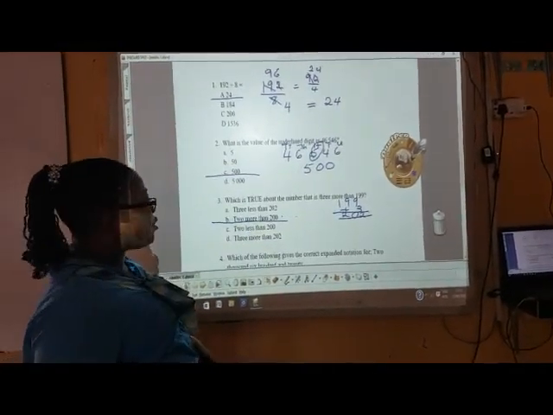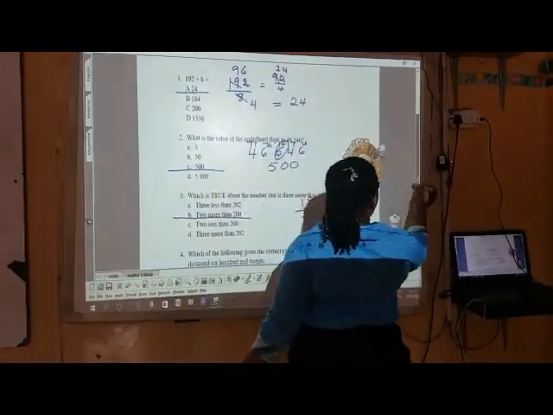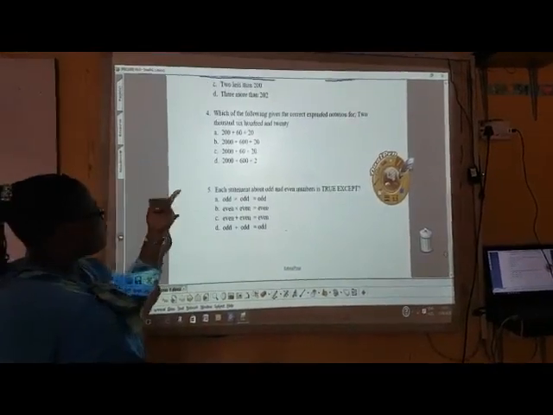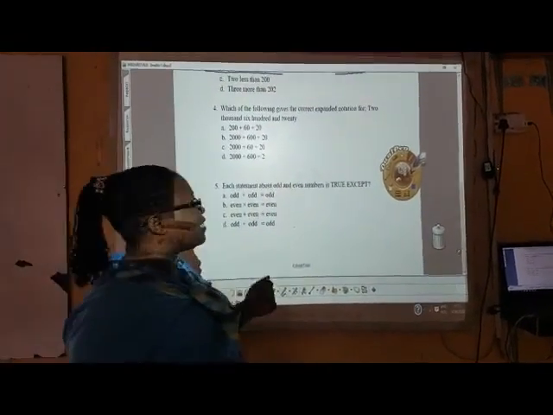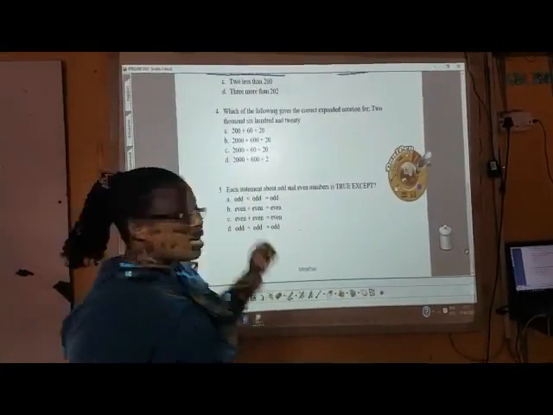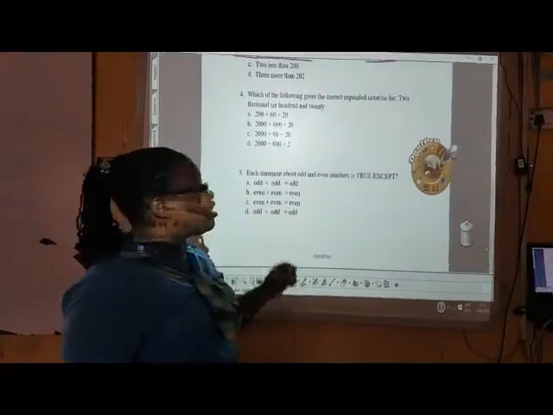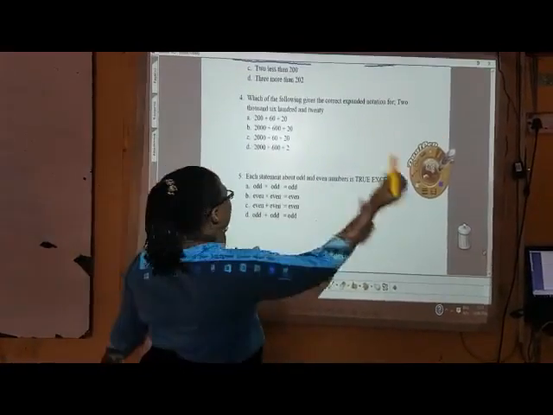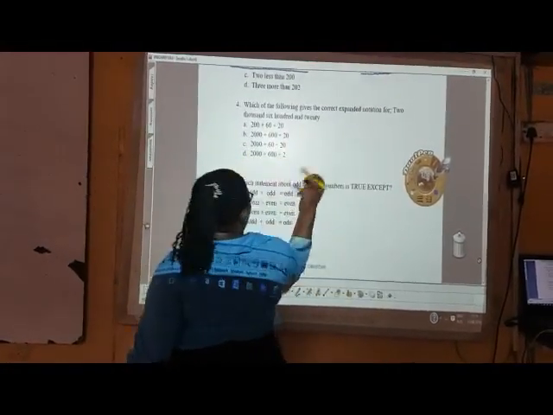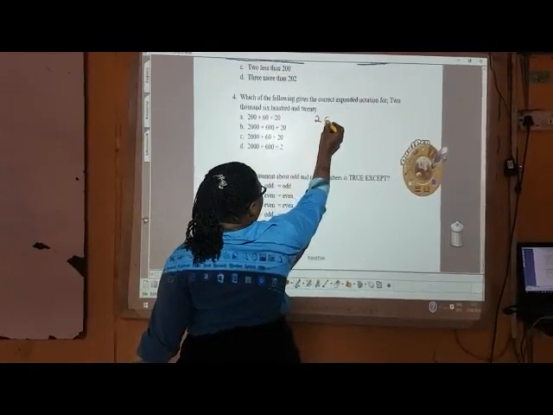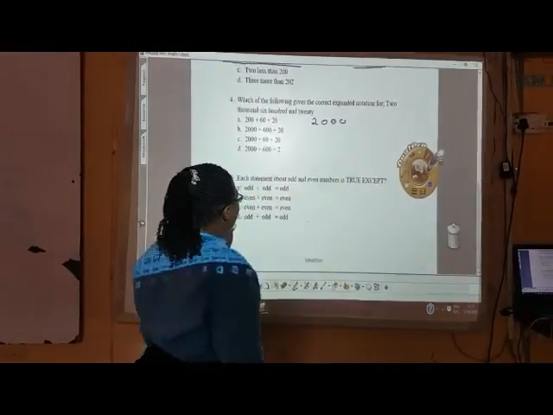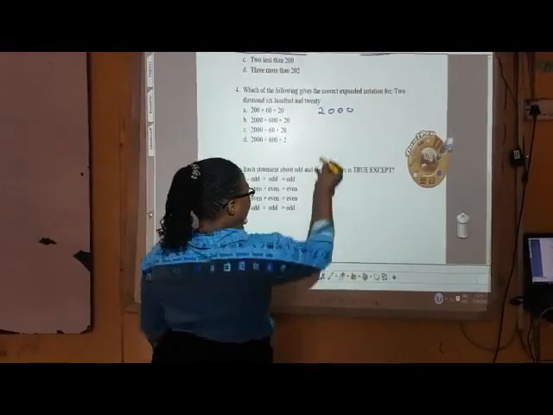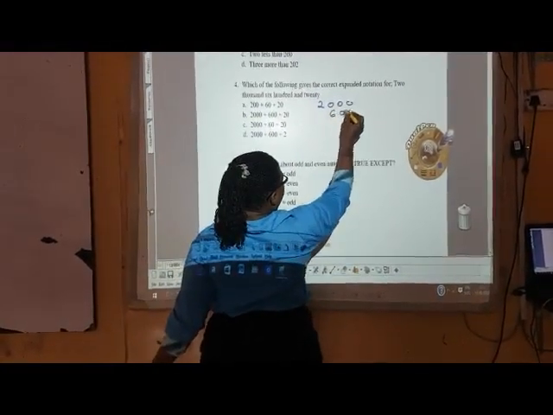Then question 4. Let's look at question 4. Which of the following gives the correct expanded notation for 2,620? Expanded notation. Now let's look at it. We have 2,000. Let's write it out. This is our 2,000, can you see? 600, this is our 600.